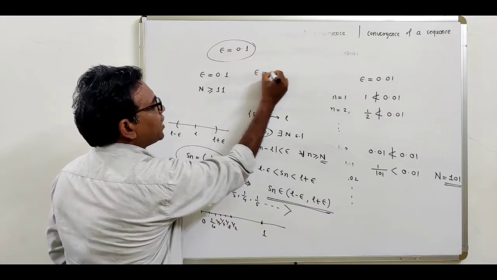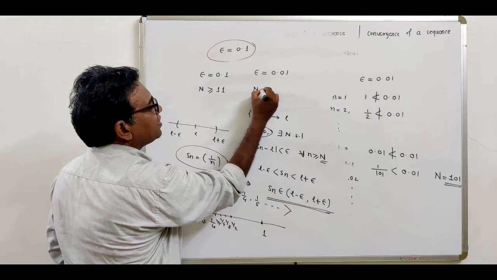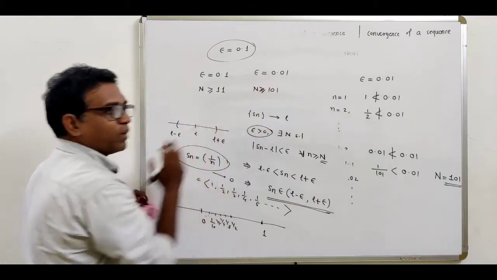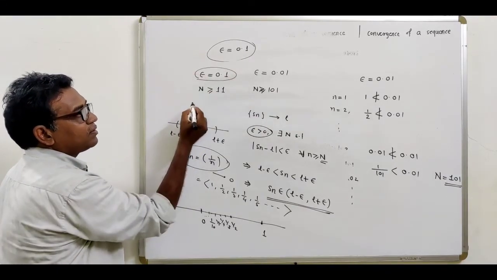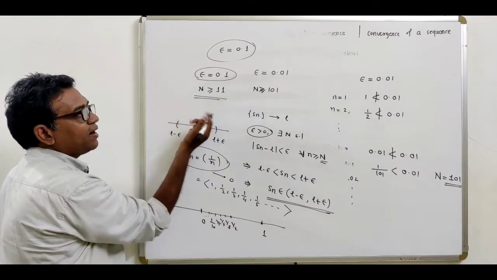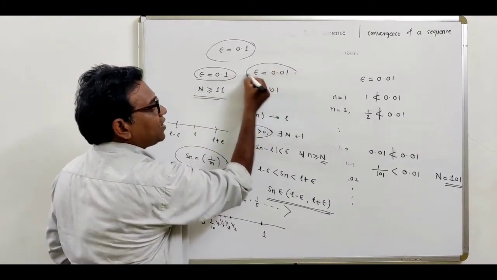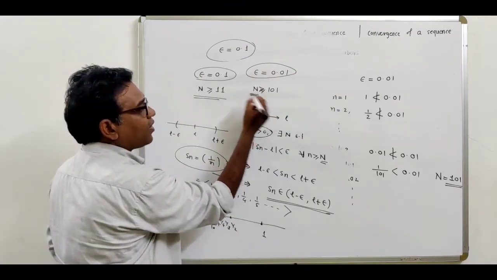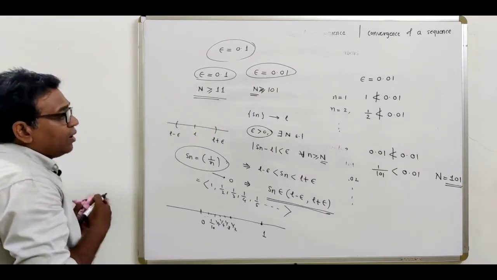If you consider suppose epsilon equal to 0.01, then what is our natural number? It will be greater than or equal to 101. So if epsilon is small, then the value of capital N is some large number. If we choose epsilon again so small, then this capital N, our integer, is a very, very big number.